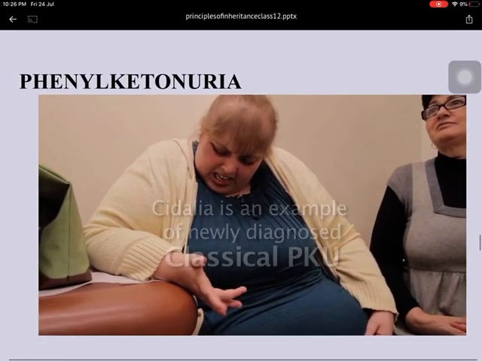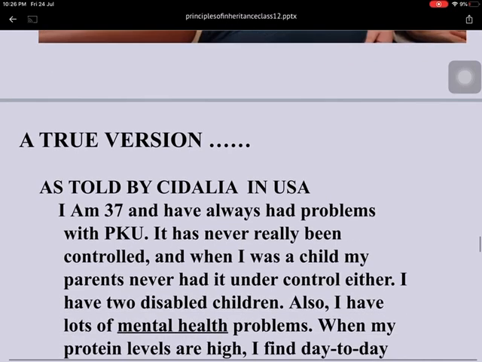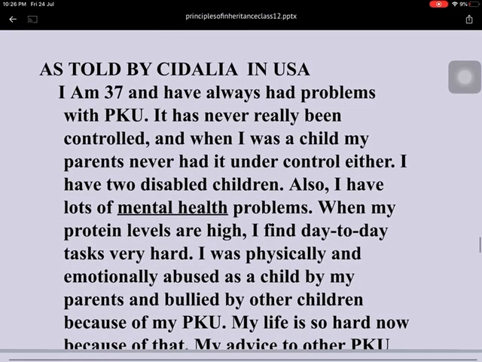And phenylketonuria, as I told you in previous classes, is also an example of a pleiotropic gene, but it is also an autosomal recessive disease. What is this? This is the story of the first person in which this disease was detected.